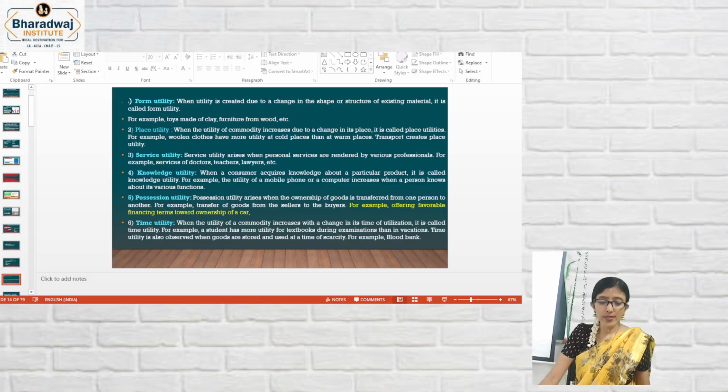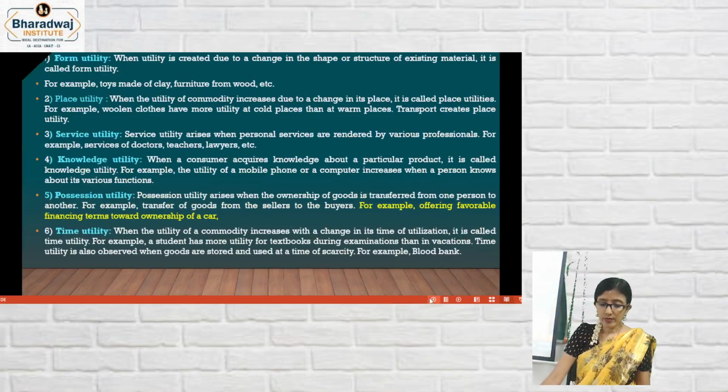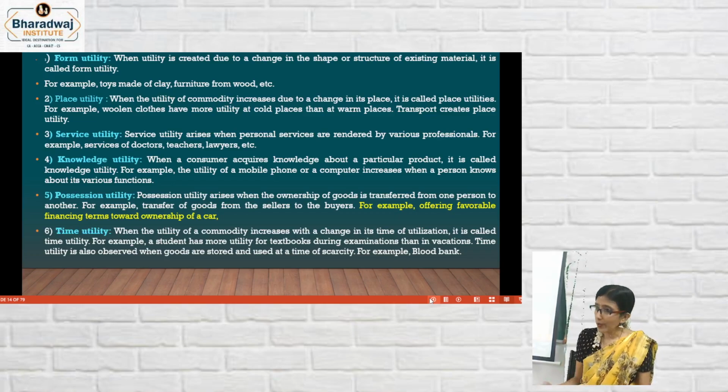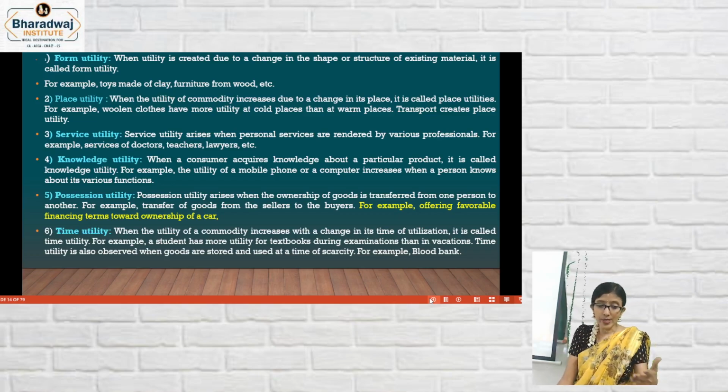Here, my dear students, please look at this one. What I'm about to tell you is, even in our Bharadwaj material, in the small box, if you could look at it, we have given different forms of utility, right? And they have been asked in a few batches, unexpectedly.